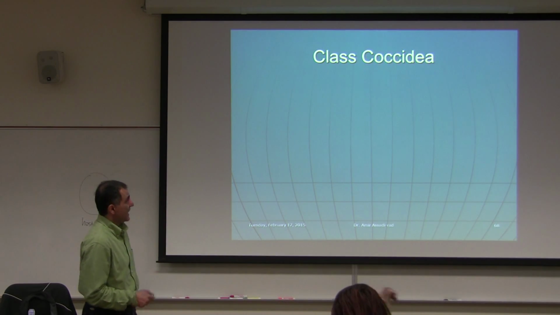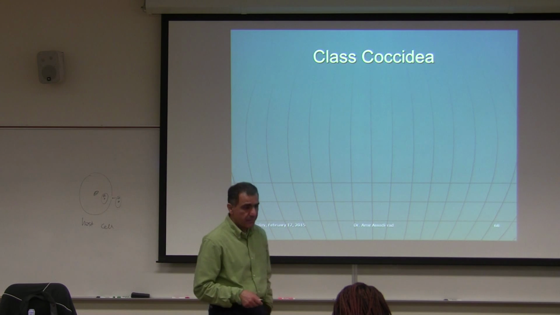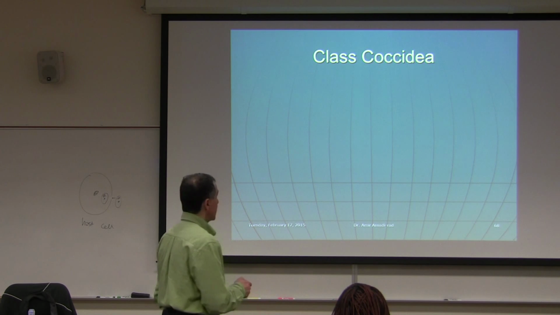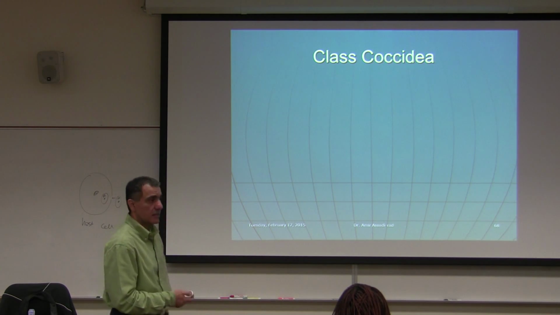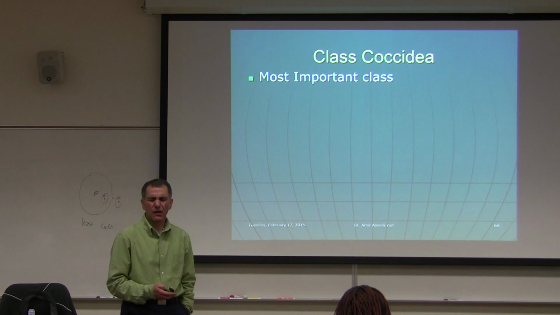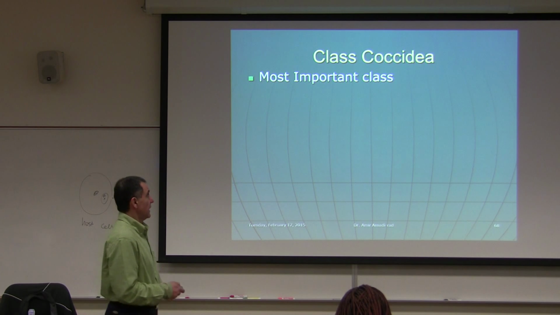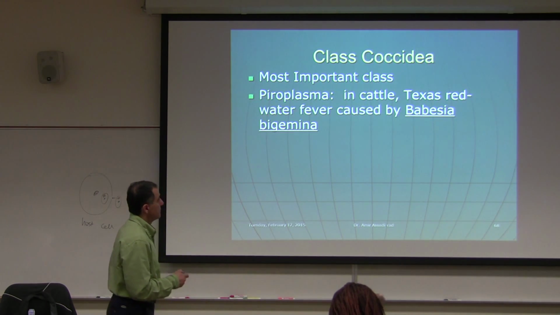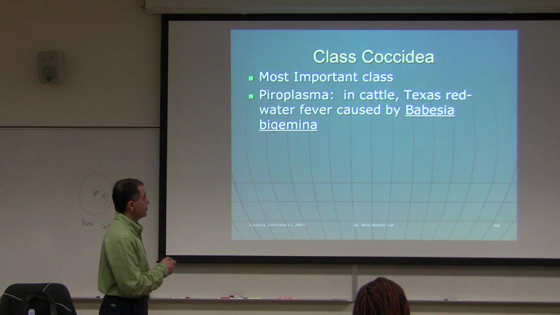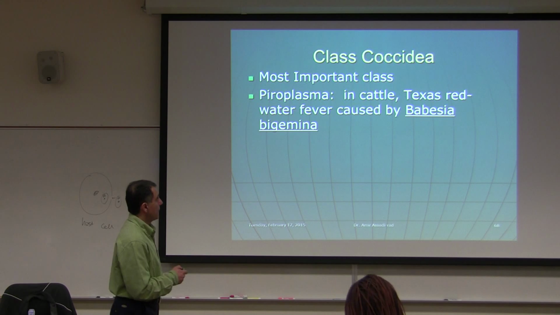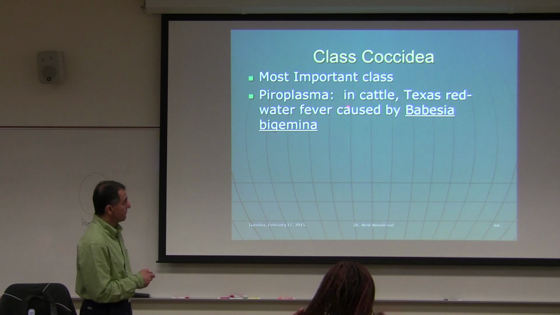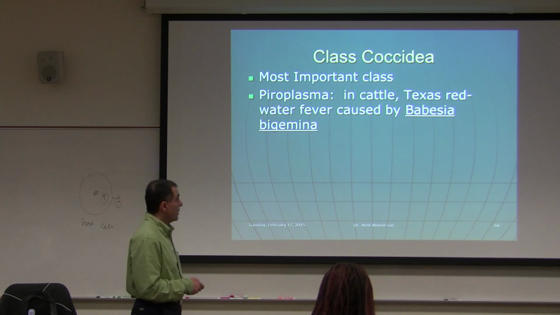Okay, class, for lab or lecture purposes, because there's so much phylum you have to know, I will not ask you to know the name of the class Coccidia. The most devastating protozoa, Apicomplexa, are in this class, because they have a lot of organisms devastating to humans. Piroplasma in cattle, Texas red water fever, caused by Babesia bigemina.